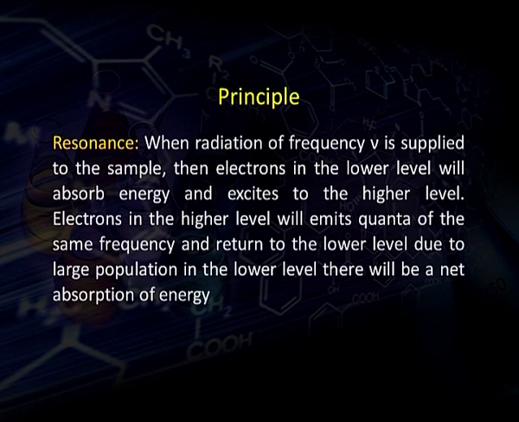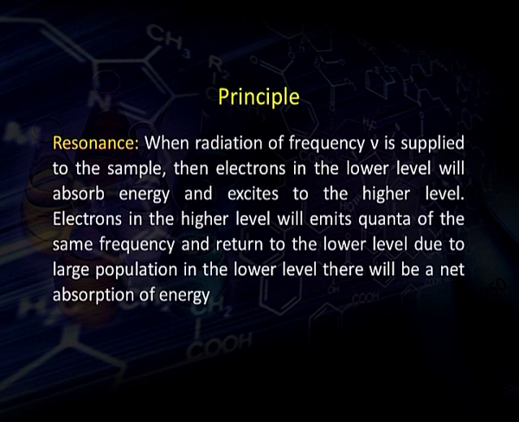There is an important term called resonance, which is usually used in NMR. What is resonance? When radiation of frequency nu, and remember this is the microwave region, is applied to a sample, then electrons in the lower level will absorb the energy and get excited to the higher level, and electrons in the higher level will emit energy of the same frequency and as a result return to the lower level.